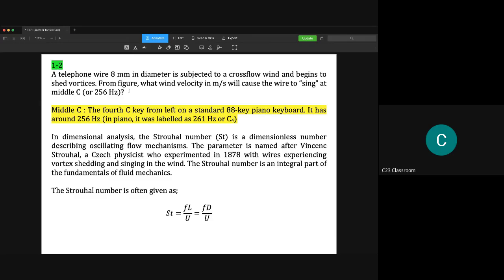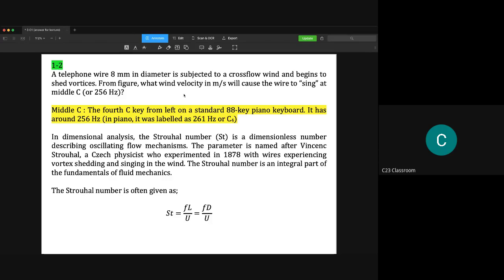For example, in open channel flow we use the Froude number, and if we are dealing with something that vibrates, we have something like a resonance. Because when we have a wire and a cross wind, they start a resonance, and the wire starts to vibrate.